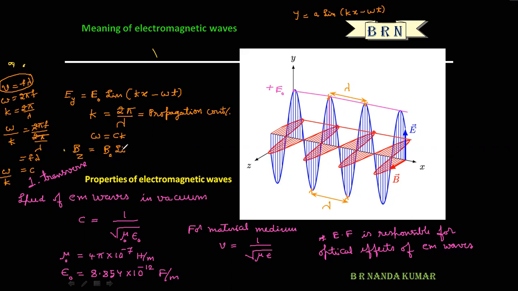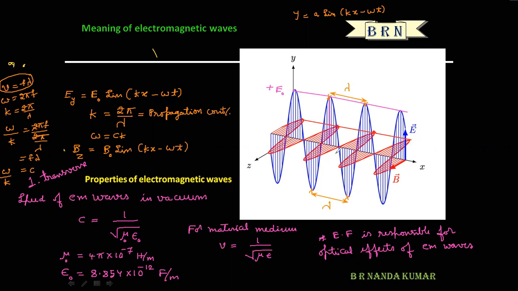So B naught sine of kx minus omega t. If the waves are propagating along the positive x direction, it is kx minus omega t.